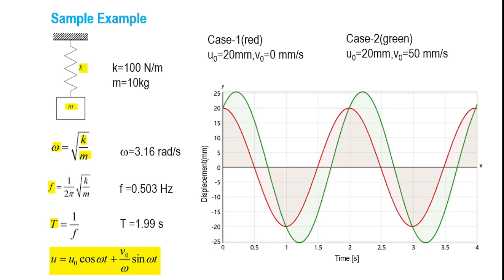K is the stiffness, m is the mass. And remember, T is the natural period of the system, which means the time required to complete one cycle of vibration.